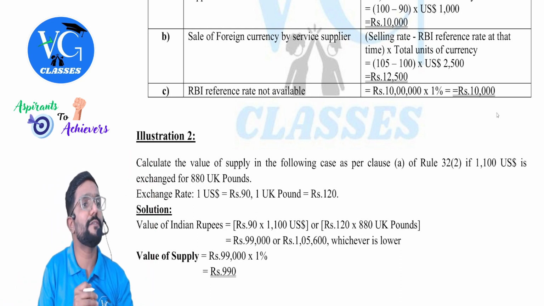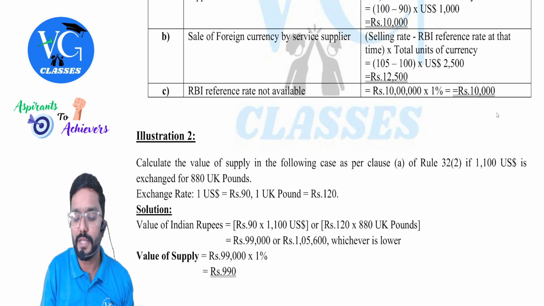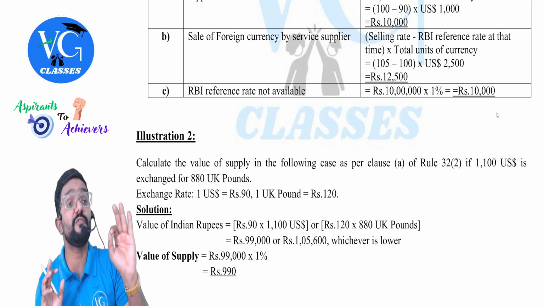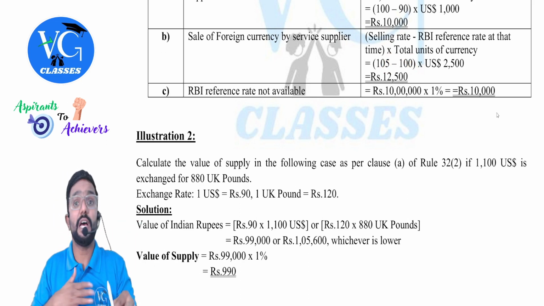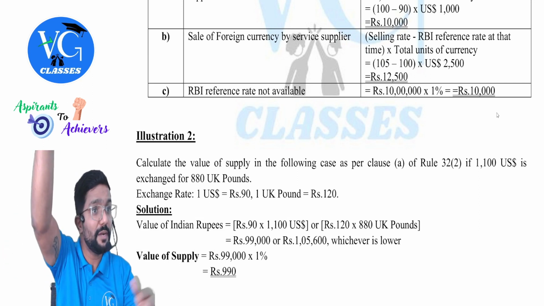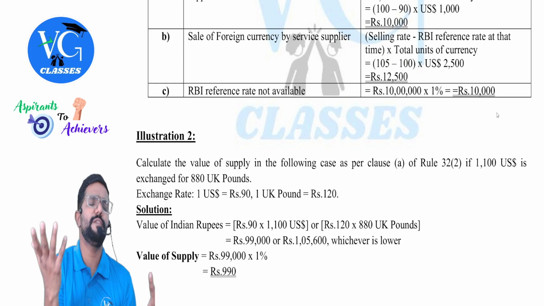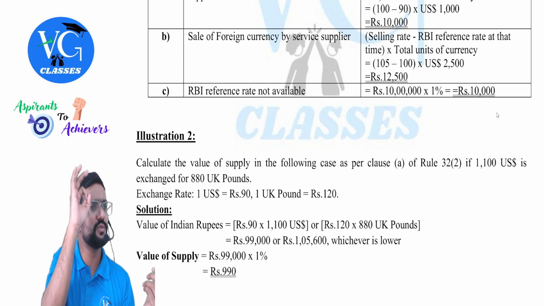If by chance, sir, what if they are suffering loss? Assume this was 105 minus 108 by chance. In that case, what is the value of supply? 0. You cannot keep value of supply negative. You cannot tell the department, my value of supply is negative, you pay GST to me. If there is a loss, obviously no GST, guys. We need to take value as 0.